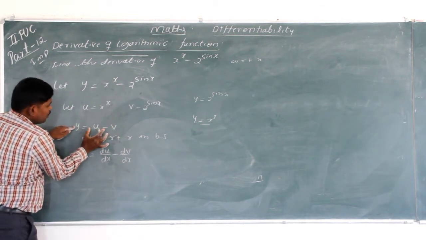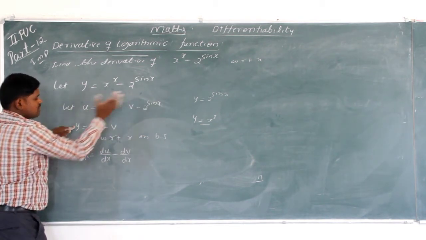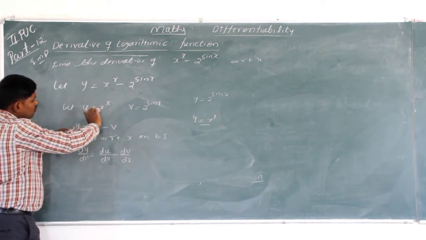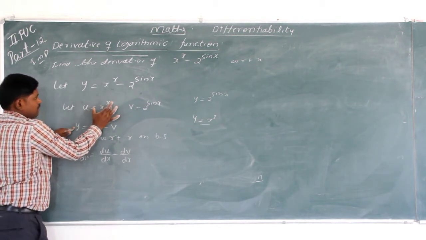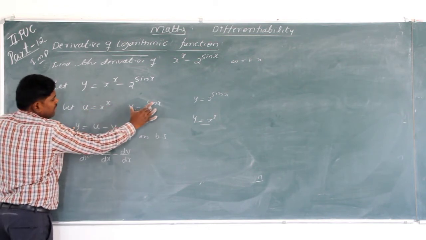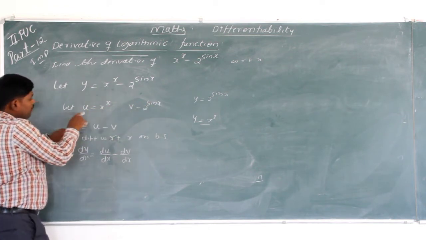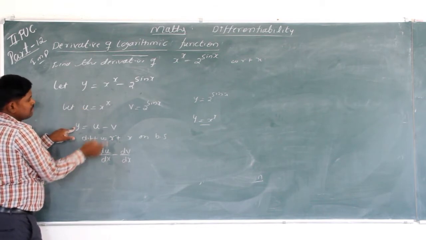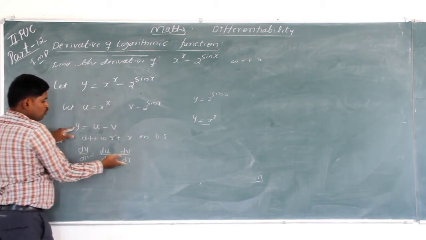So u is a function of x and v is also a function of x. So to find the derivative of this term, we find the derivative of u and also the derivative of v. So derivative of u is du by dx and derivative of v is dv by dx.